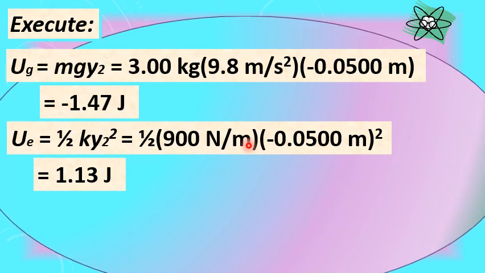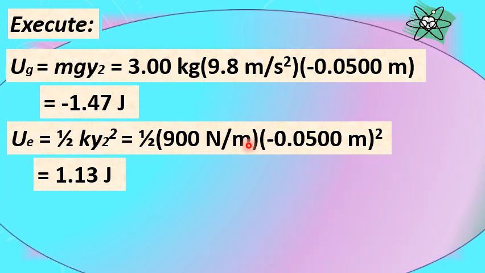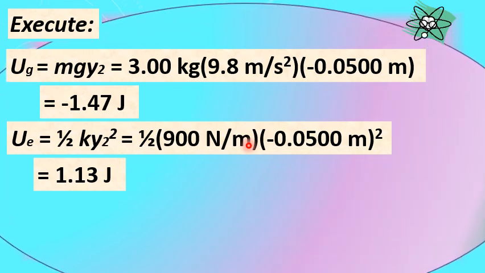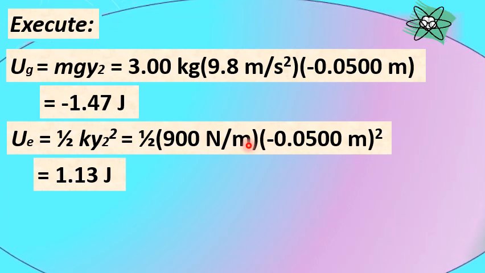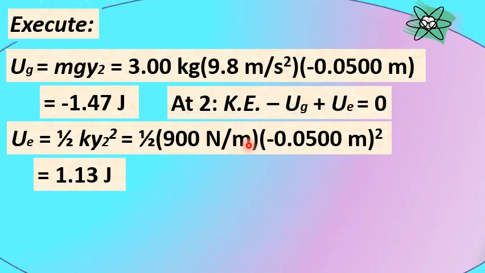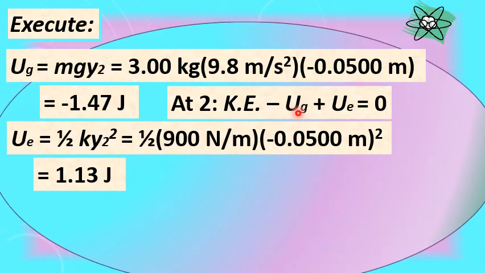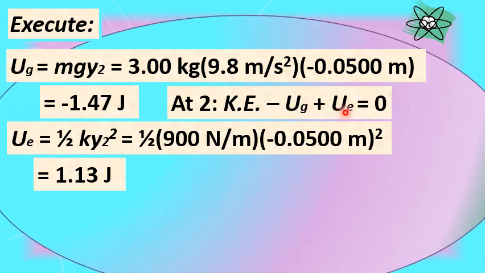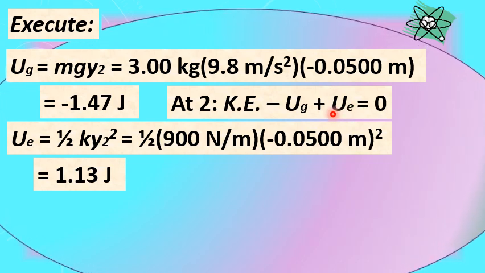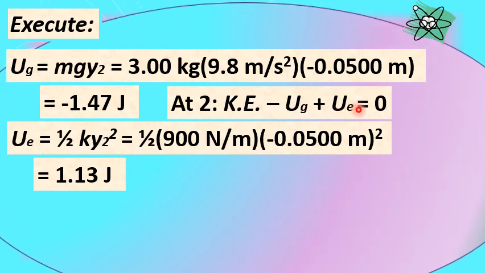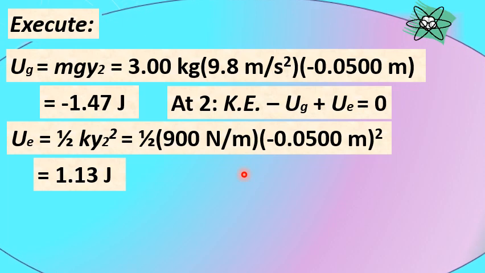From the energy conservation equation, which was presented earlier, the kinetic energy of the fish at position 2, when added to the gravitational potential energy and the elastic potential energy, will have their sum equal to 0.